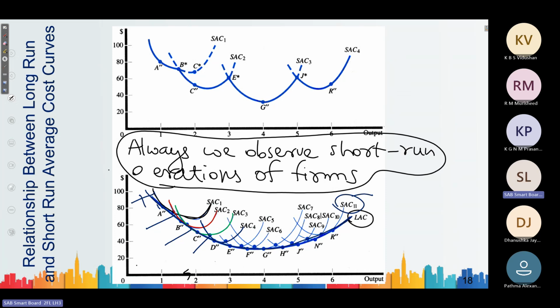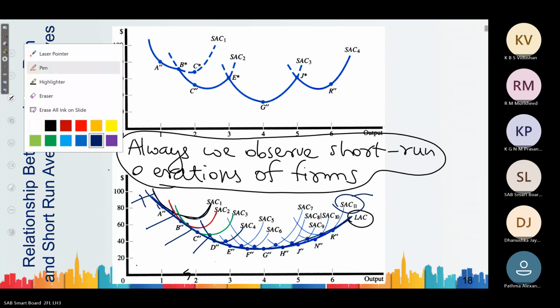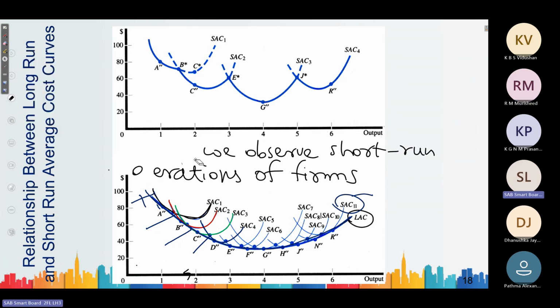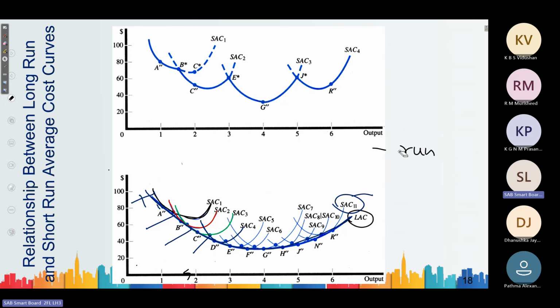So the long run cost curve is tangent to short run cost curves at different scales. What we observe here is the long run average cost curve.